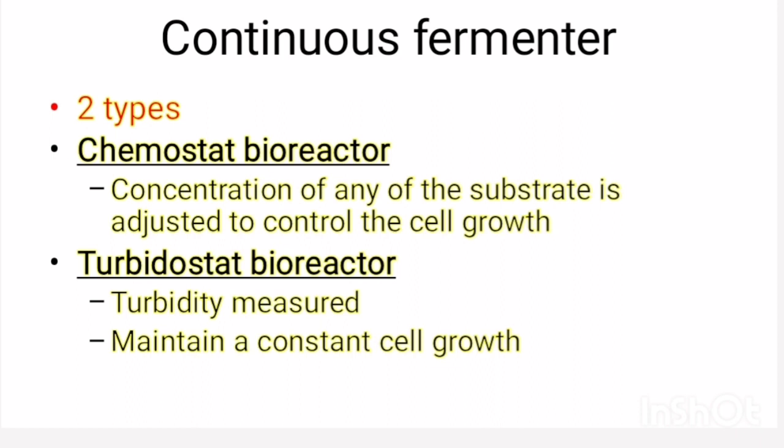In the case of chemostat, substrate concentration is kept constant. In the case of turbidostat, biomass concentration is kept constant. Turbidity measurement is used to monitor the biomass concentration. The rate of addition of nutrient solution can be adjusted to maintain constant cell growth.